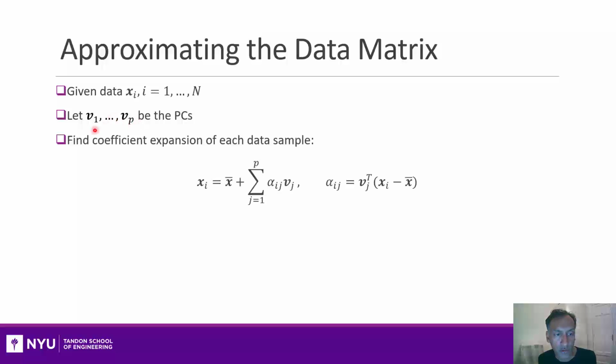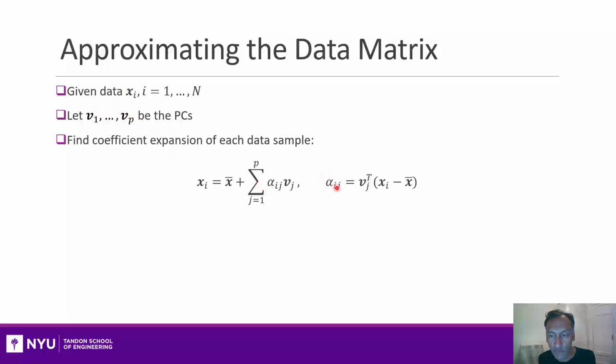Now what I can do is say that every data record xi is just the mean of the data set plus the linear expansion in the basis of these principal components.